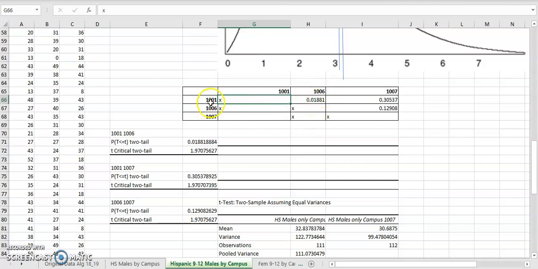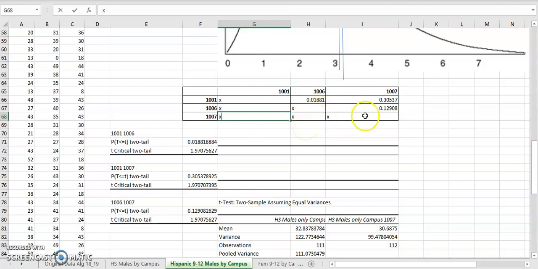Right here, I'm going to do a 1001 to 1006, and then a 1001 to 1007. I've already done 1001 and 1006, so I won't need to do that again. I'm not going to run 1006 against itself, but I would compare 1006 to 1007, and I've already run 1001 and 1007, so I would not have a value there.